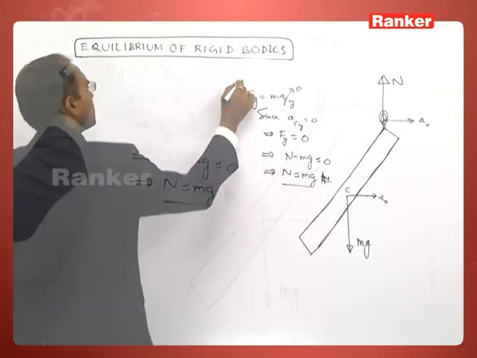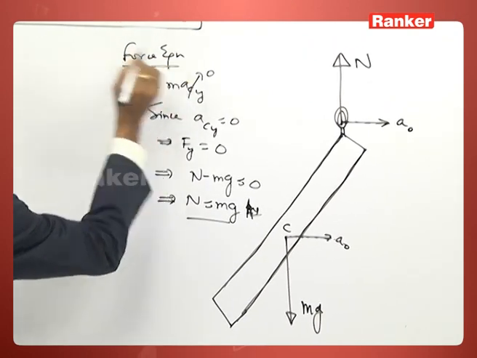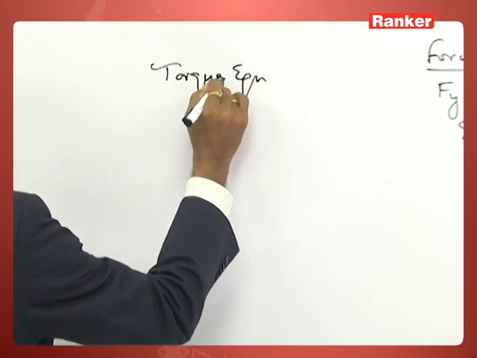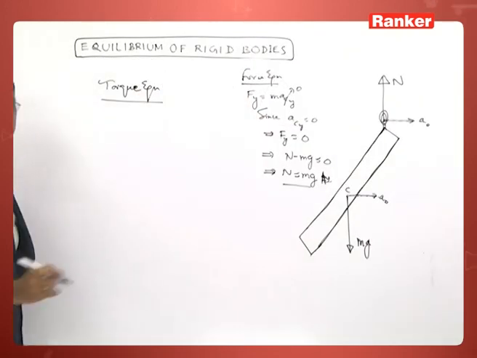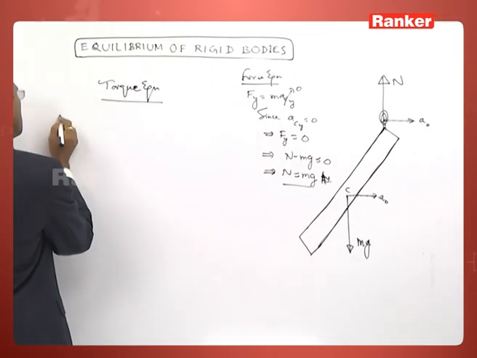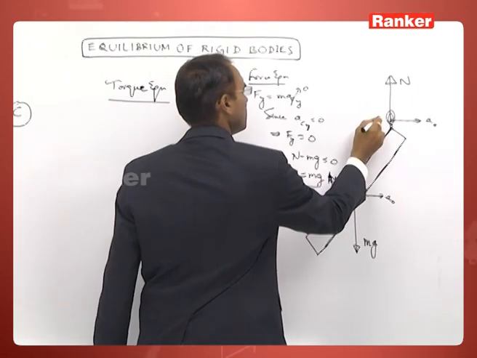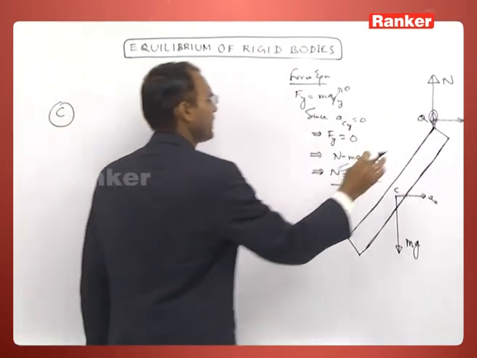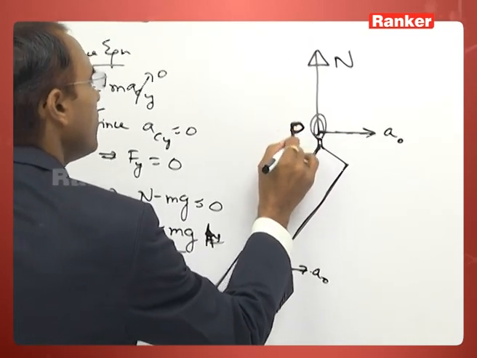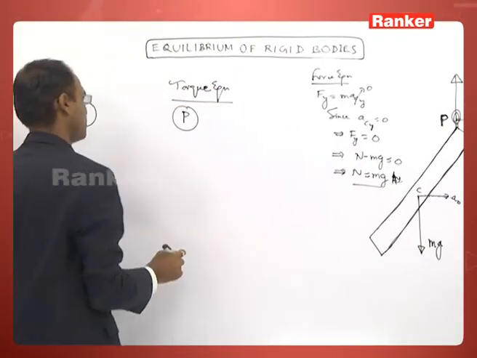Now, the torque equation. How to write the torque equation? About, suppose, the center of mass. About the ring, we have taken the point P as the reference.